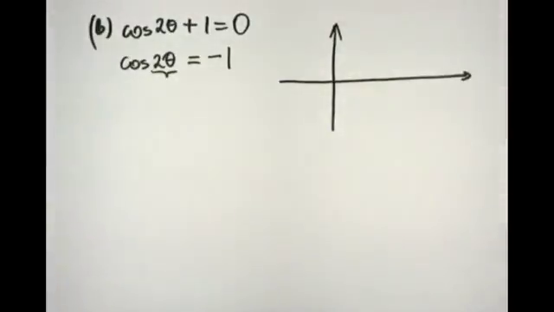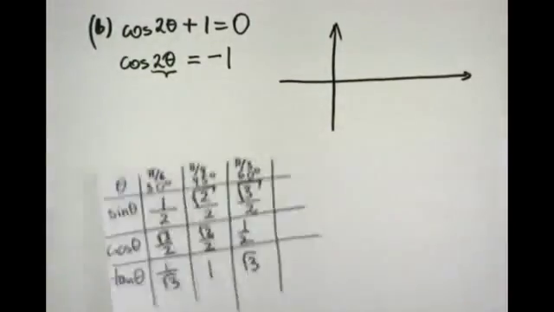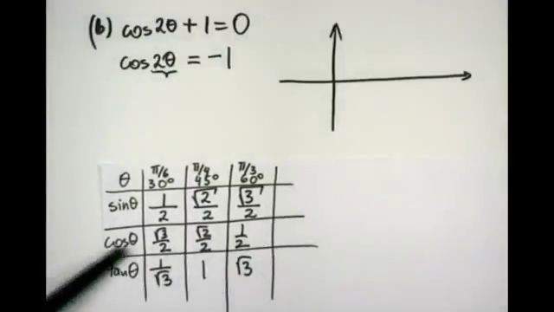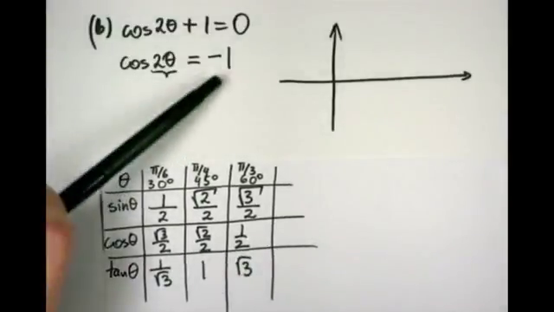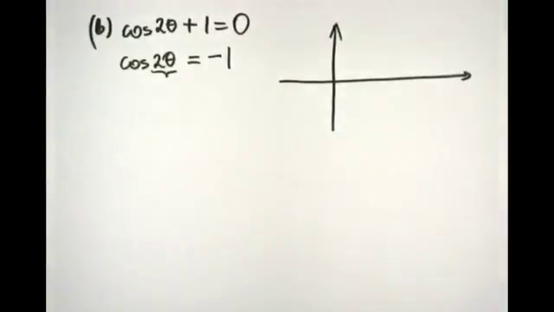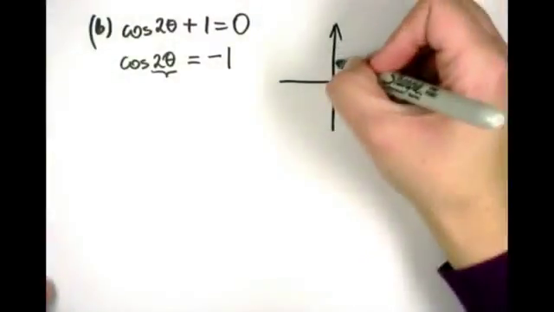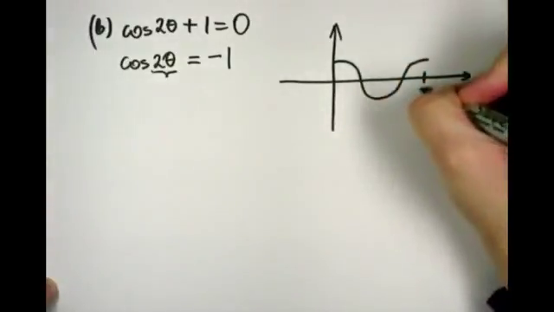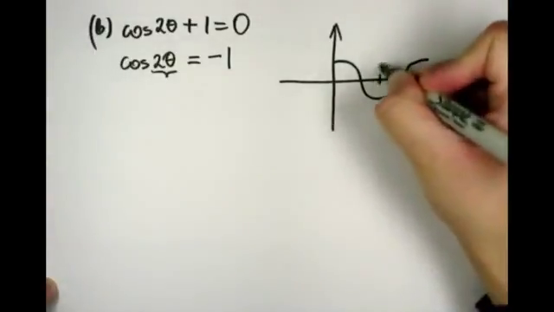If I look at my chart, we don't have the value -1 for cos. So I'm getting the value from the graph. I know that cos is a wave shape. So here's my 2 pi, here is pi.